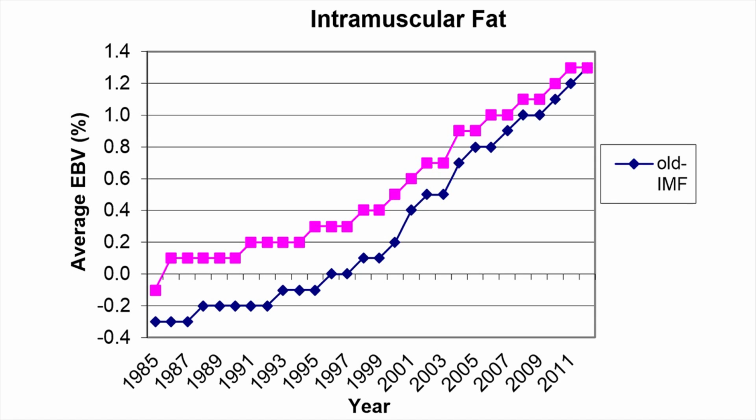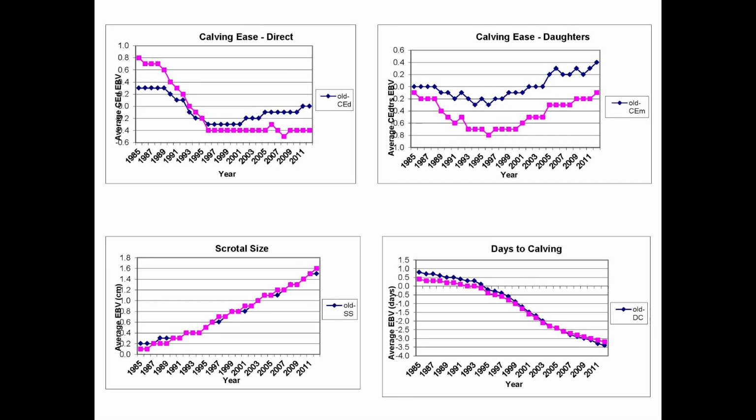So people haven't been making mistakes in picking animals on IMF EBVs, particularly in recent years. Back here, people would have been underestimating the genetic marbling of cattle back in this period of time.